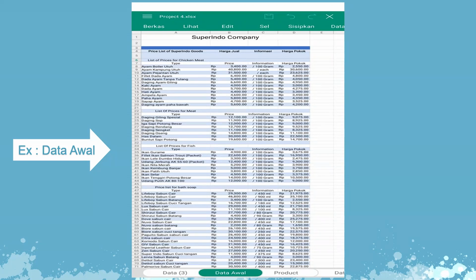Furthermore, the selling price column contains the price of each item available at the Superindo company. The information column displays the total weight in the price indicated in the previous column, and the last column, cost of goods, contains the cost of each item. Next slide.